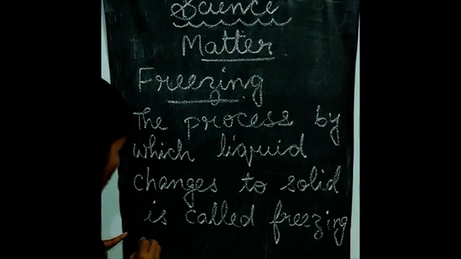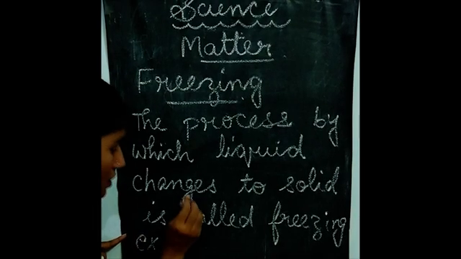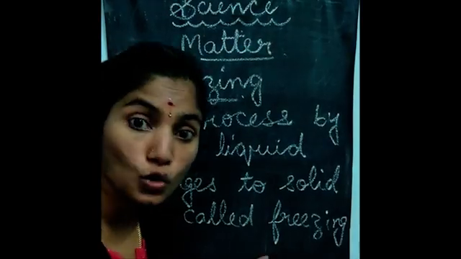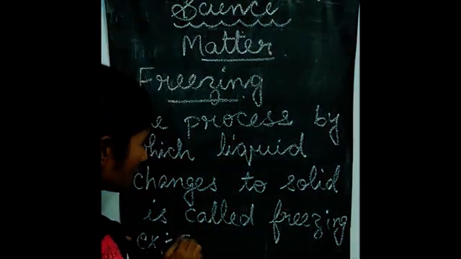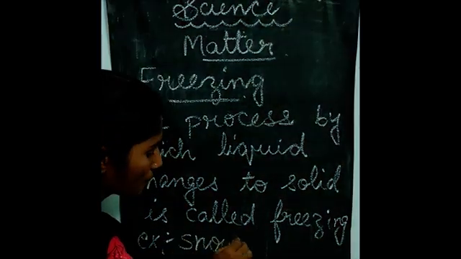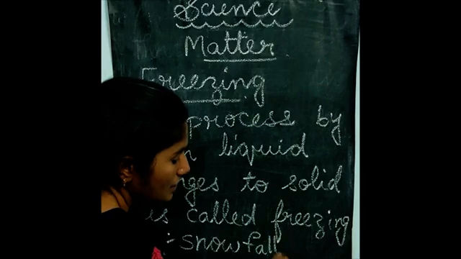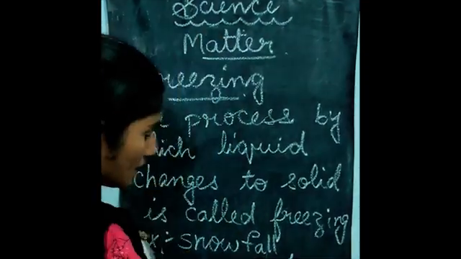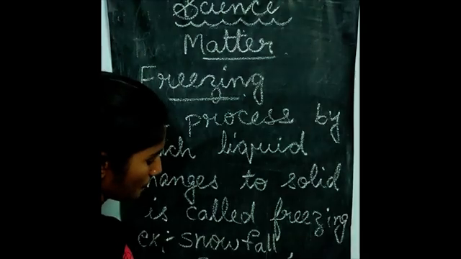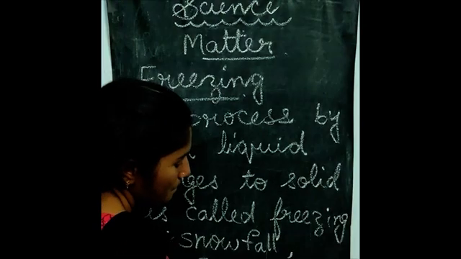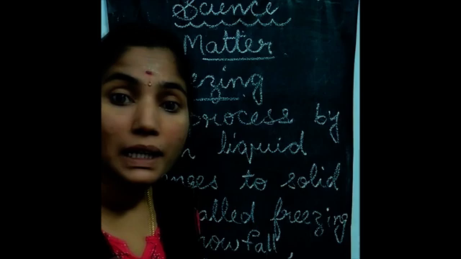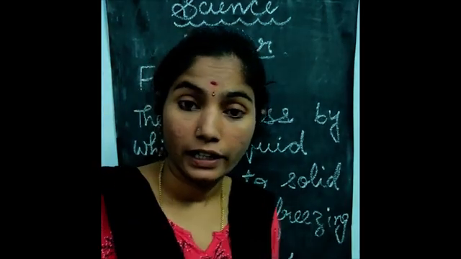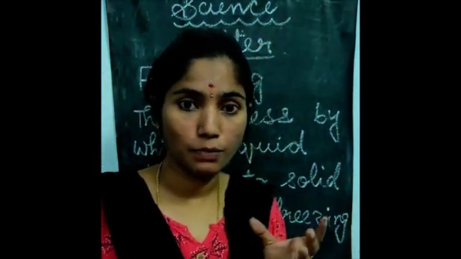So what are the examples that we can add for this? All of you would have seen snowfall, right? That is an example of freezing. Not only that, sea ice. Then melted candle wax. I had shown you an experiment before, right?